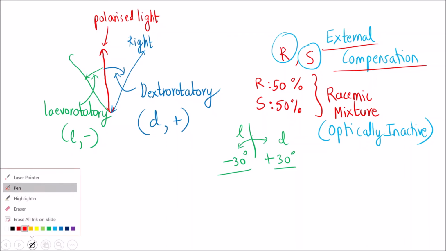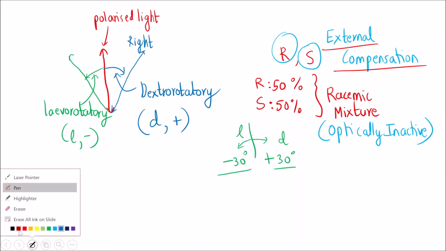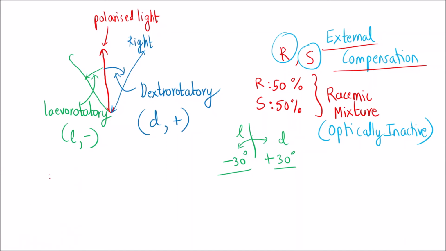And now let us try to understand one more important concept. Suppose out of the total 100%, 60% of it is racemic mixture.